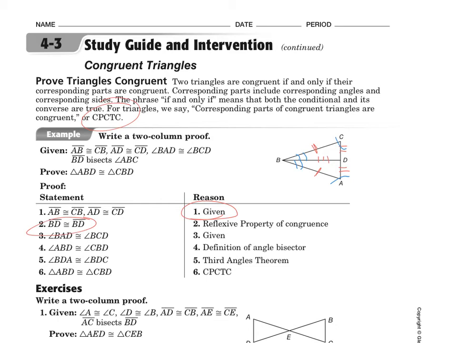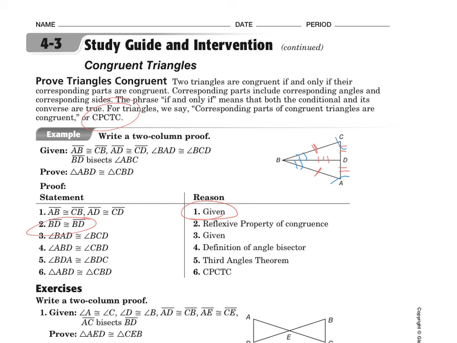And I knew that BD bisected ABC, which means that it creates two congruent angles there. CBD is congruent to ABD, and that's just the definition of angle bisector. And our third angle theorem said that if I have two pairs of congruent corresponding angles, then I have a third pair.